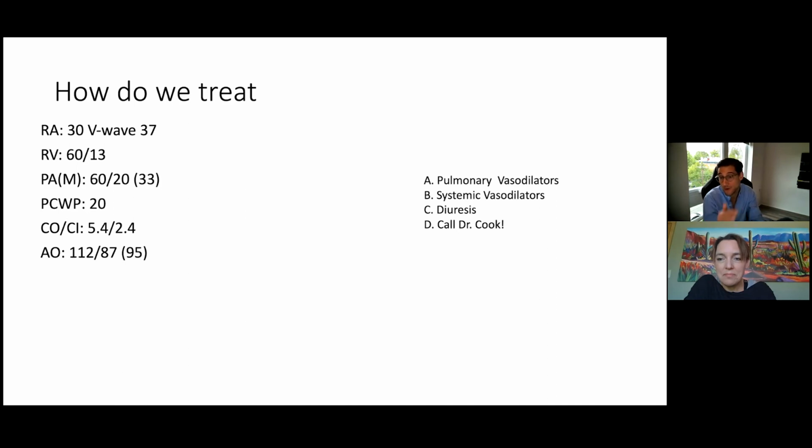And when they gave her the systemic vasodilator, she started having that urine output.